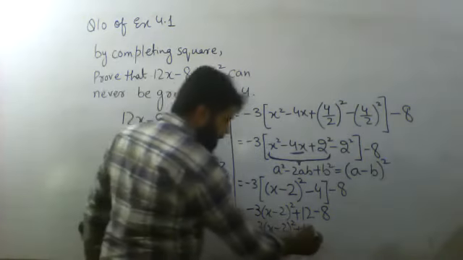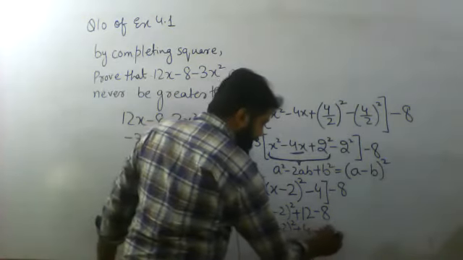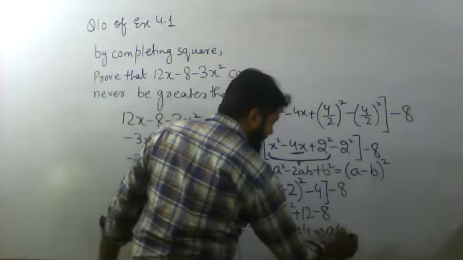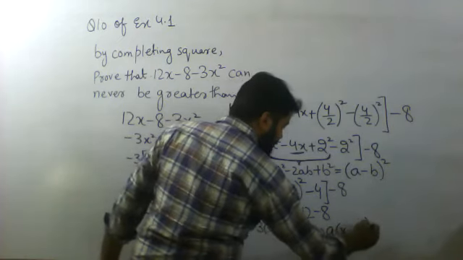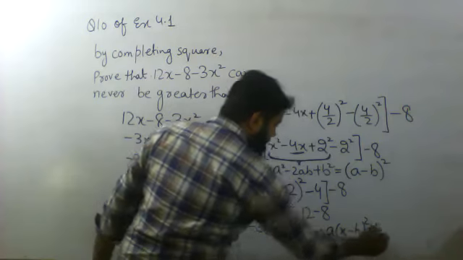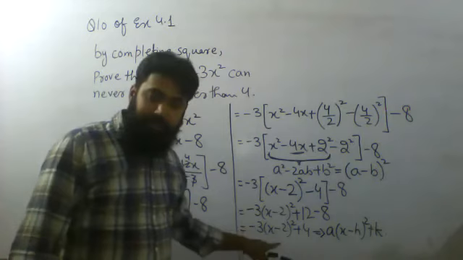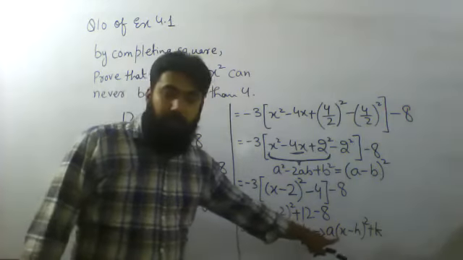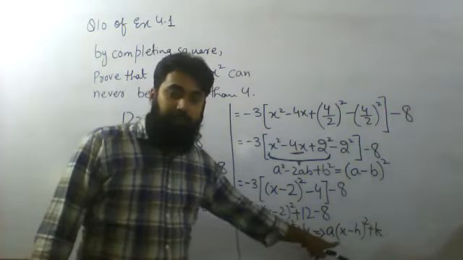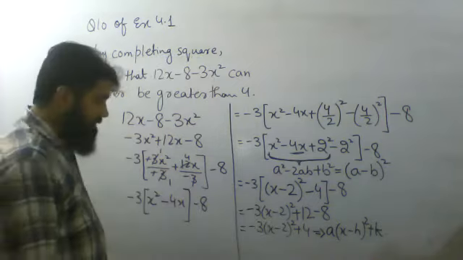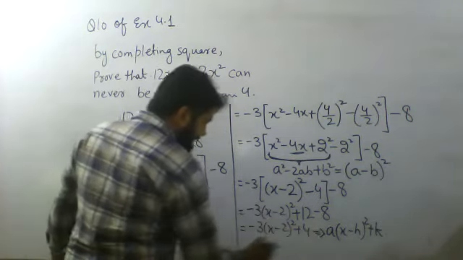Comparing this thing with completing square form. What is that? a x minus h whole square plus k. Okay, I am going to compare this thing with the basic form of the completing a square method. So first thing, outside the bracket, this is a.